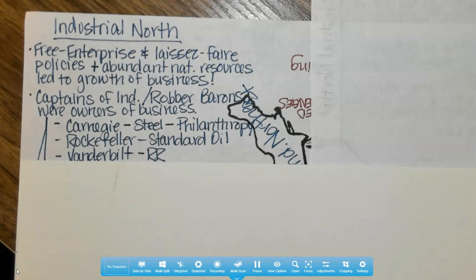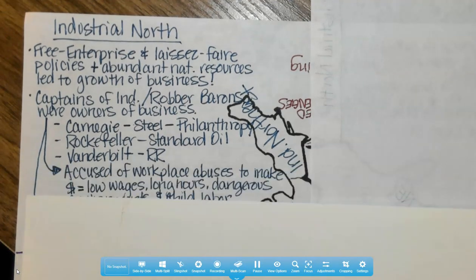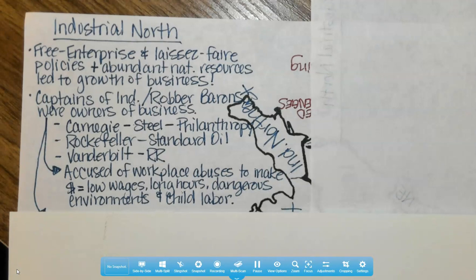Now, there's going to be a line pointing down here to why they were robber barons. They were accused of workplace abuses to make money. Their bottom line was everything that they're going to do is going to be done to make more money. And they were known for making abuses of their workers to make said money.